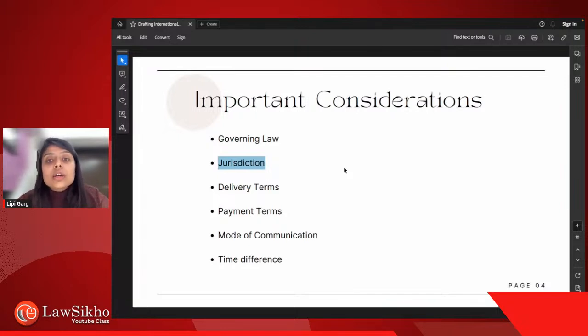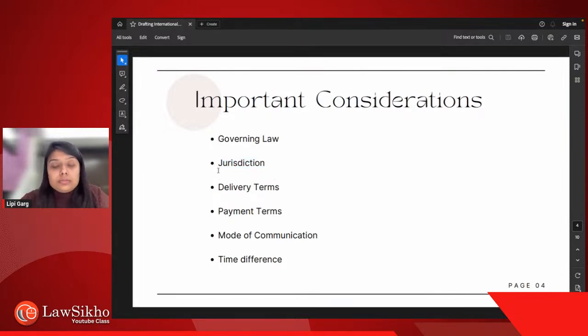Which state's law will apply or will have jurisdiction in your contract will differ. So instead of saying that the jurisdiction of this particular contract is USA, you will have to write that California's laws will apply, the jurisdiction is California, or the jurisdiction is New York, or the jurisdiction is Delaware. So you need to be very specific when dealing with countries having different legal systems or having a federal structure, right?